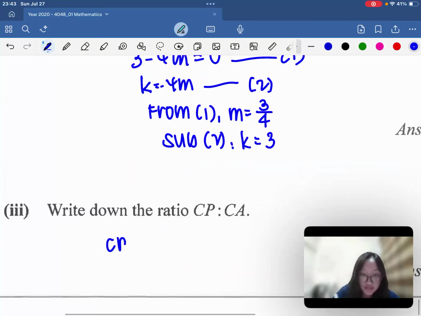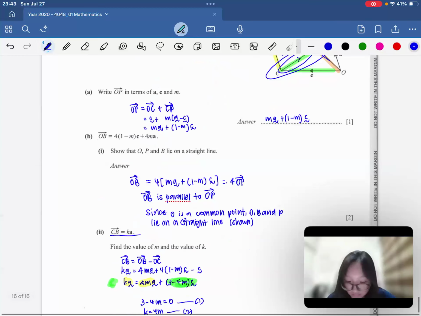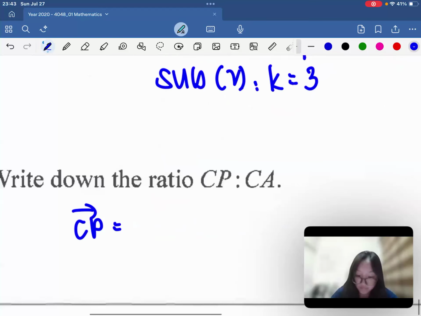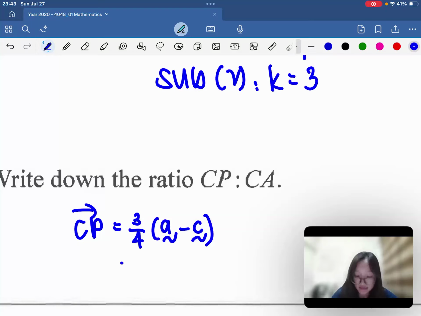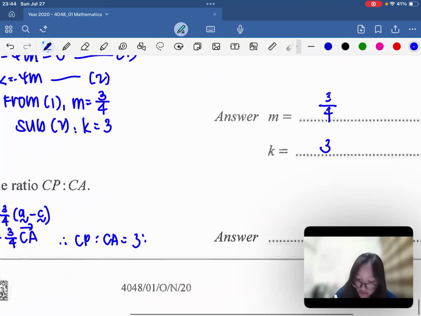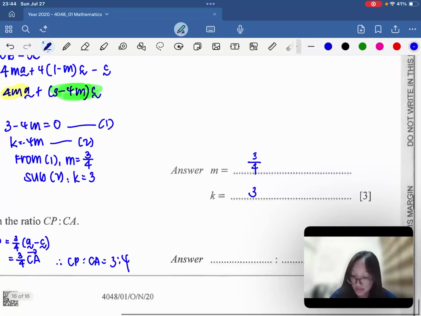CP is equal to 3/4(A minus C), and it is equal to 3/4 of CA. Hence, CP to CA is simply 3:4. And that is our answer, 3:4.